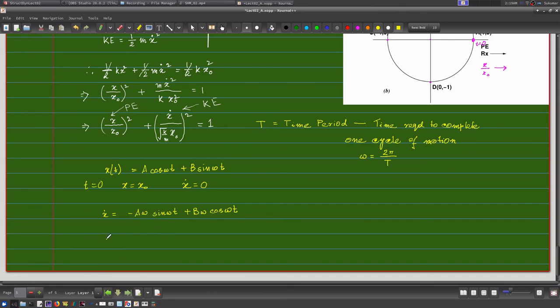So I have got this, and therefore if I put time t equal to 0, my left hand side is 0, because there is no velocity.